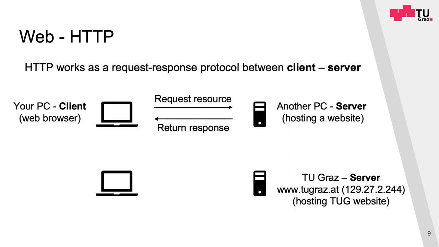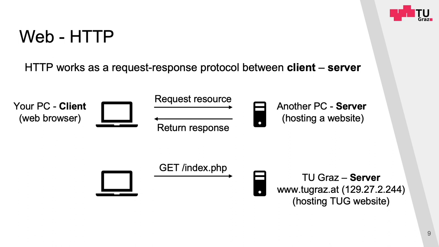And for example, such a server could also be a computer at TU Graz. And if we ping the TU Graz server, we get the IP address 129.27.2.244, which is hosting the TU Graz website.